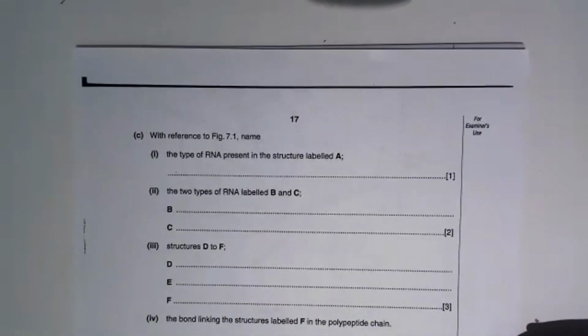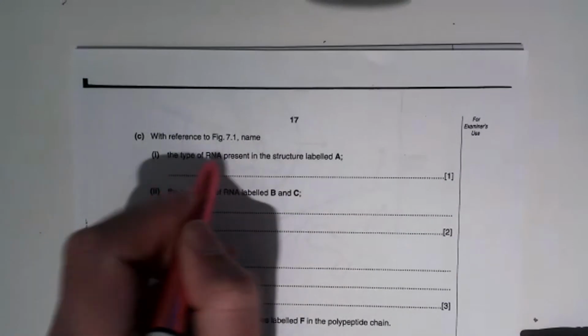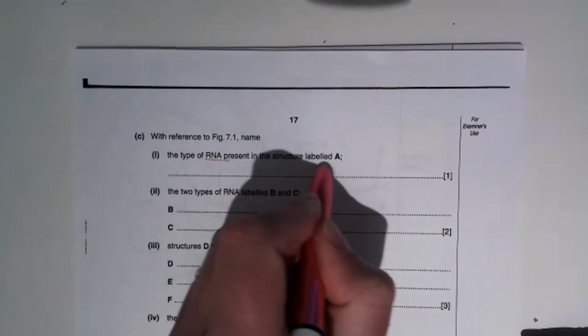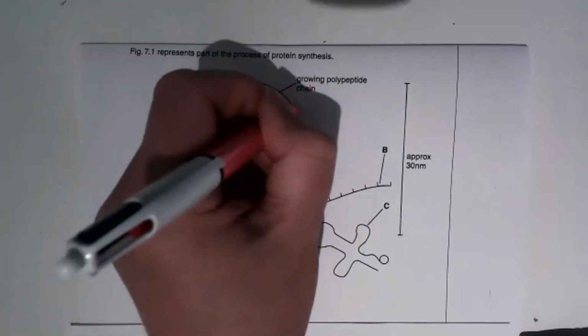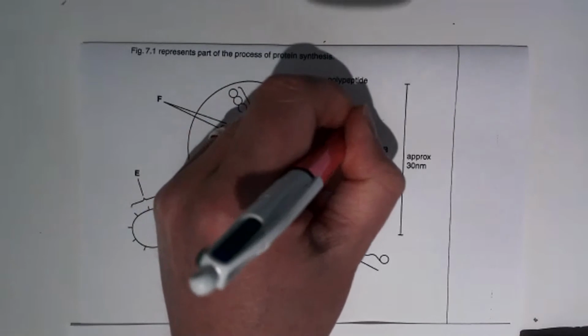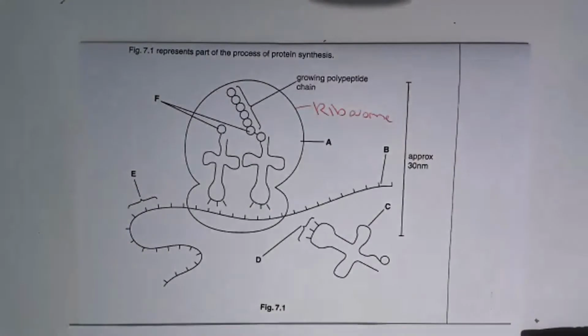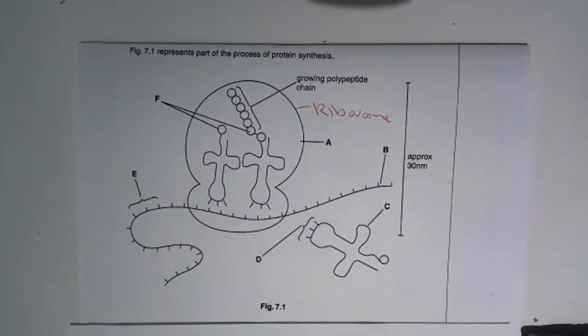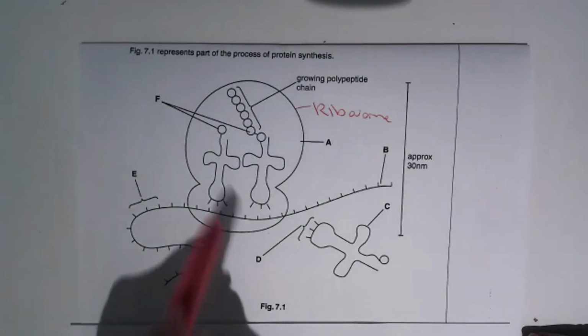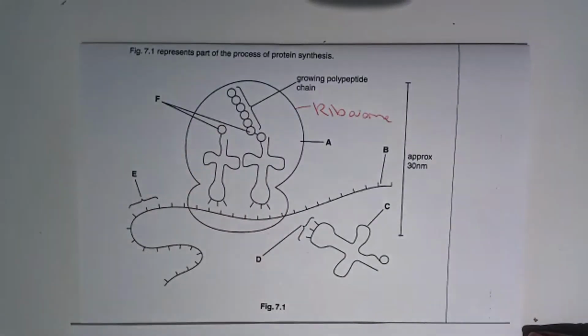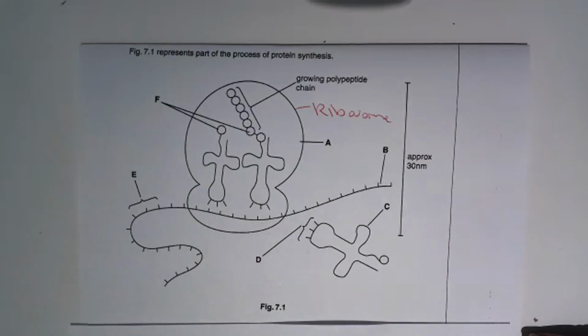So question 1 is, with reference to figure 7.1, name the type of RNA present in the structure labeled A. So structure labeled A, the structure here, this is a ribosome. From AS, when we know about the role of ribosomes in protein synthesis, the type of RNA found inside the ribosome will therefore be ribosomal RNA.